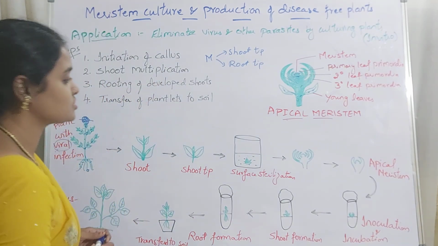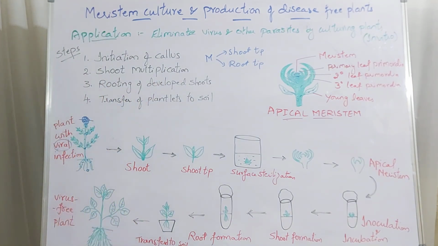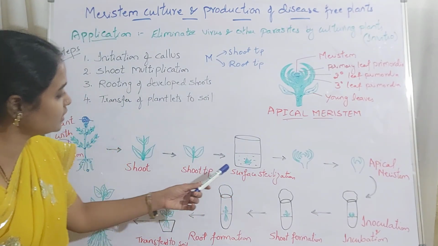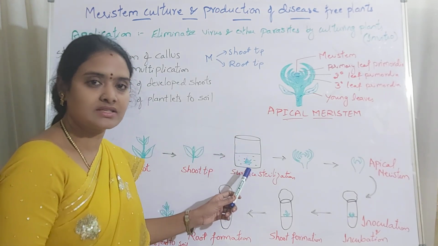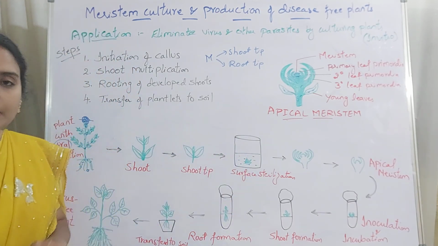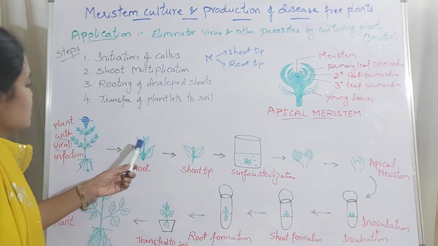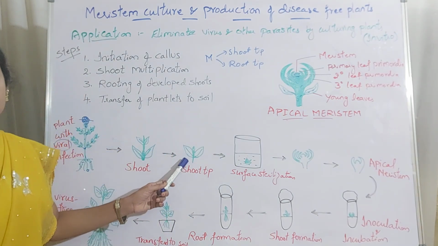Surface sterilization is done by using mercuric chloride, sodium hypochlorite, right. So by surface sterilizing, you are removing the contaminants or the dust particles which are present on the surface of the explant, right.